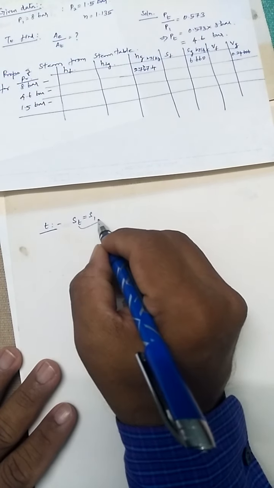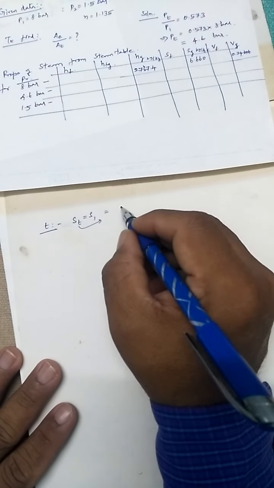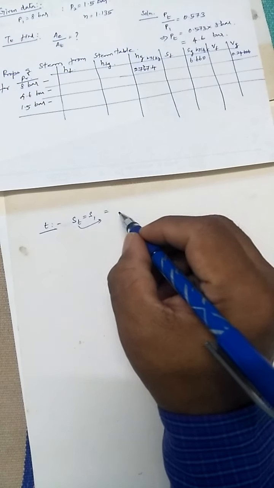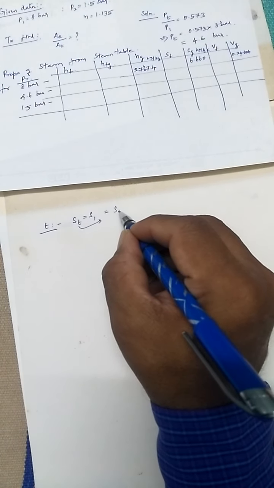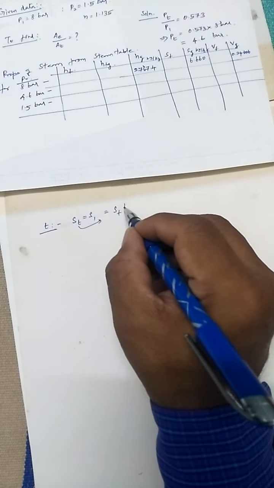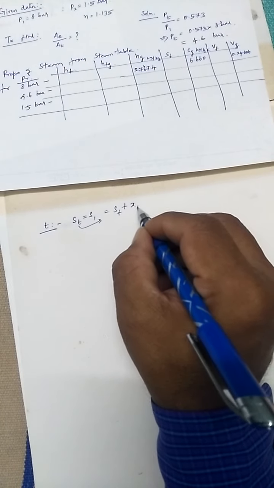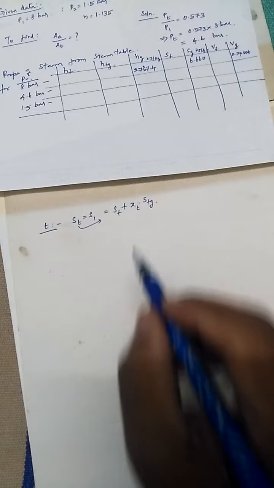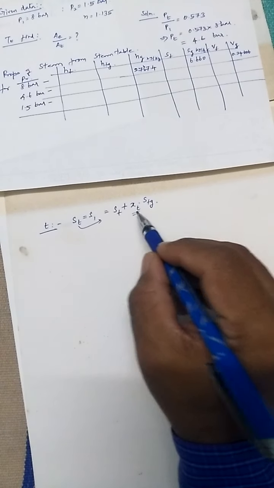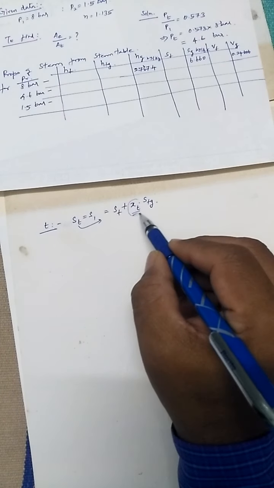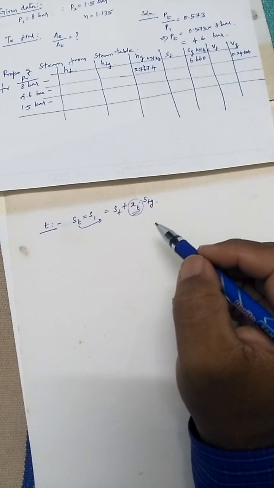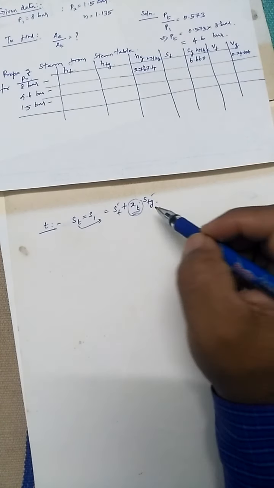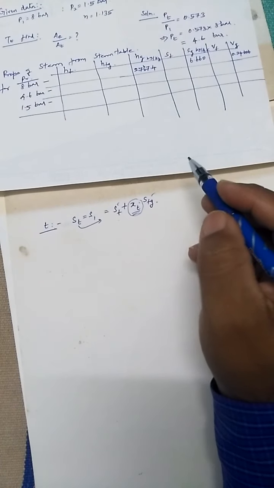This throat entropy will be written like this, as we already saw in the introduction class: Sf plus Xt into Sfg. We want only this Xt, the dryness fraction. The other values are taken from the steam tables.